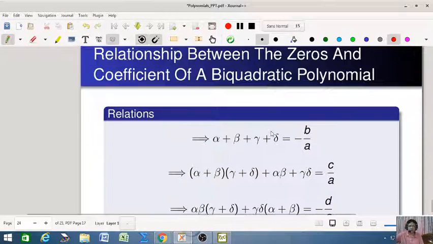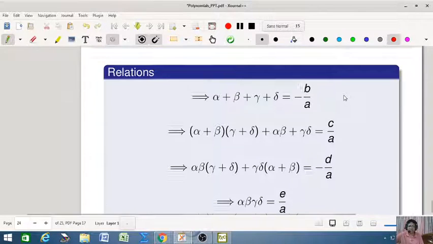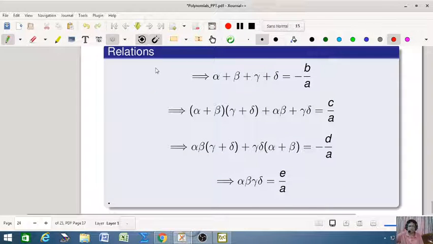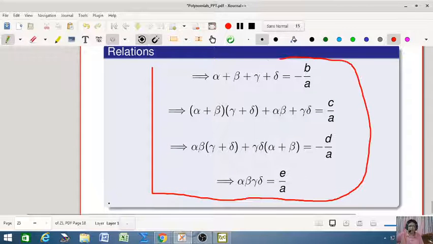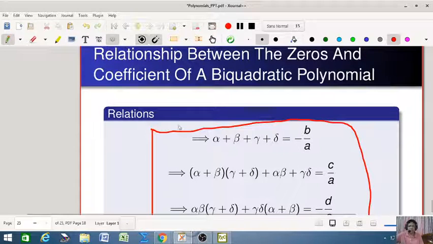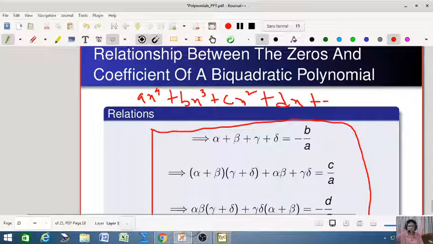Now let me show you the last one, the biquadratic case, and this is the last relation. For biquadratic, what is your biquadratic? Biquadratic is ax to the power 4 plus bx cube plus cx square plus dx plus e.